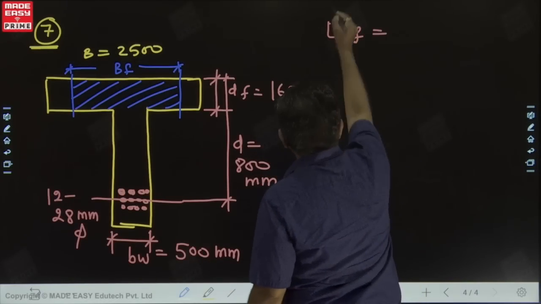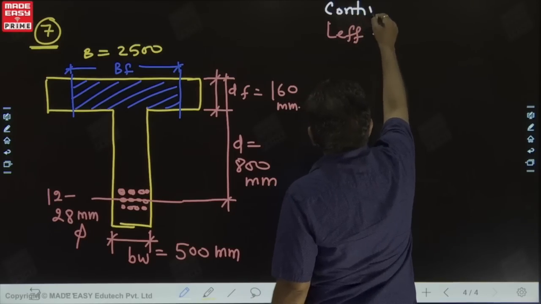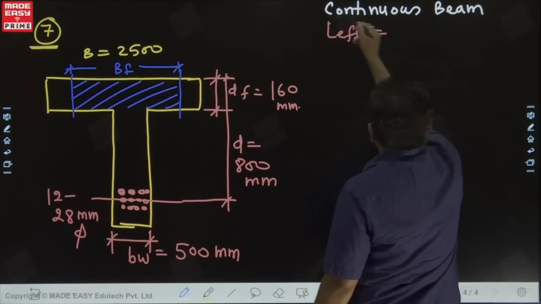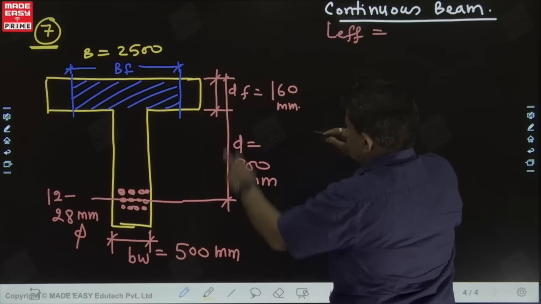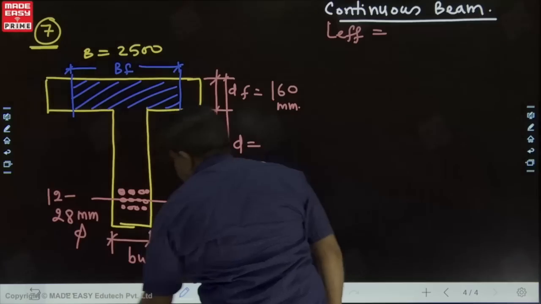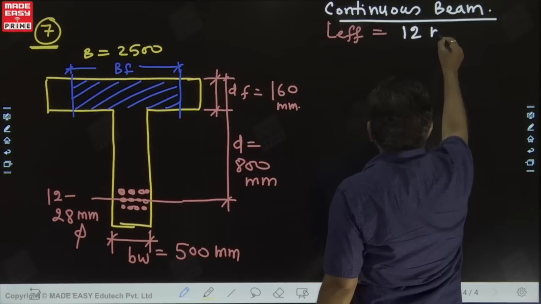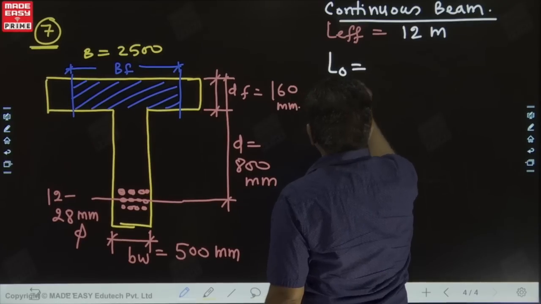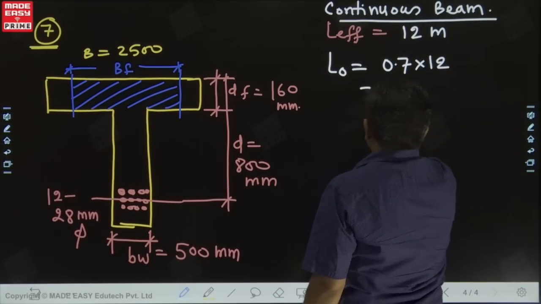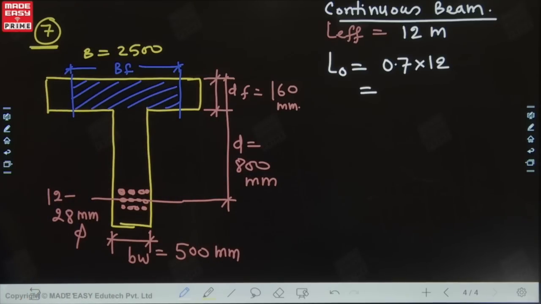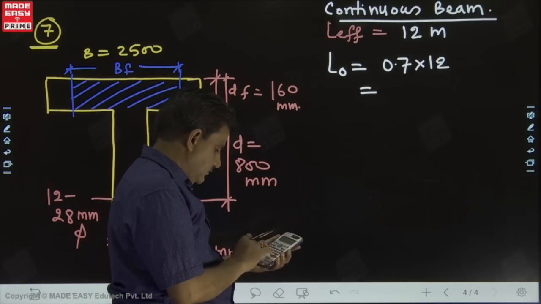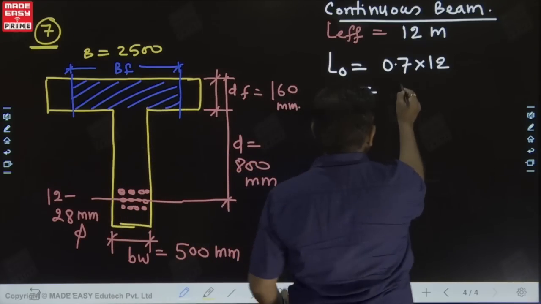This is a continuous beam, for which L effective is equal to, what is in the question? L effective 12 meter. So consider it 12 meter. What will be the L0 value? First of all, L0 will be 0.7 times of 12. It is equal to 0.7 into 12. It is 8.4 meter.